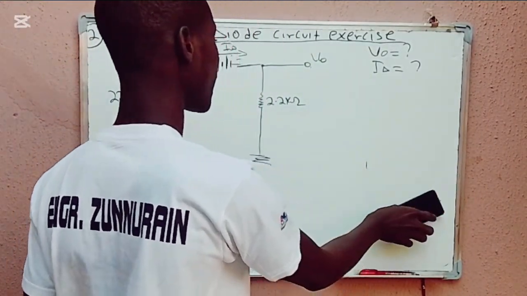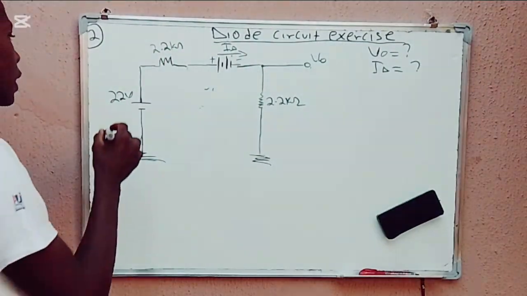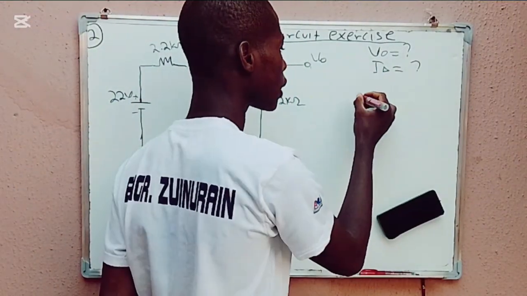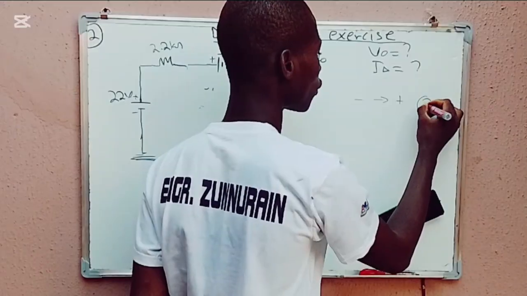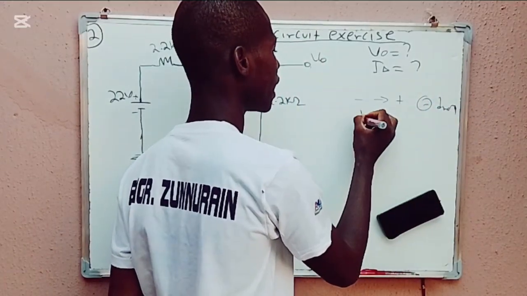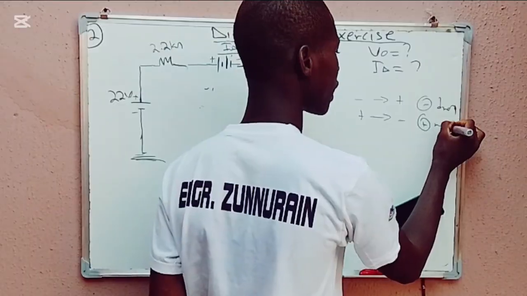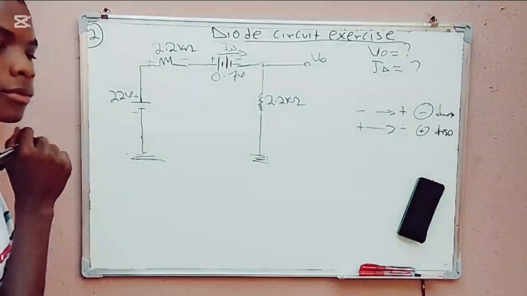As we found the voltage using the source transformation, the next thing is that we have to first identify the diode current. How can I find the diode current? I have positive, I have negative. You have to recall that minus to positive, it is dropping, and positive to negative, it is rising. As you can see, I have negative and positive.